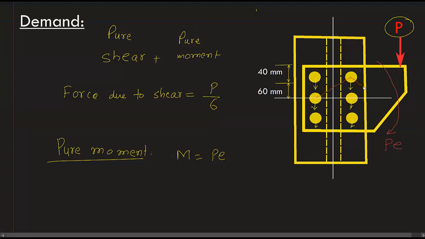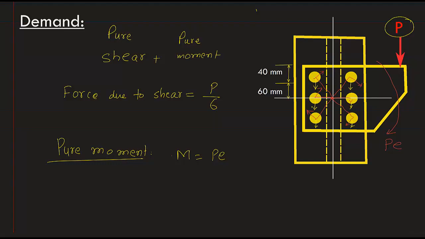Sorry, the CG is here, so I have to take the CG. So this is the CG. So in this direction on this bolt, in this direction, and on this bolt this will be in this direction. So these are the forces. Similarly on this bolt in this direction, on this bolt in this direction, and on this bolt this will be in this direction.